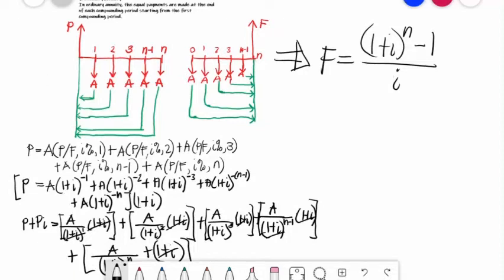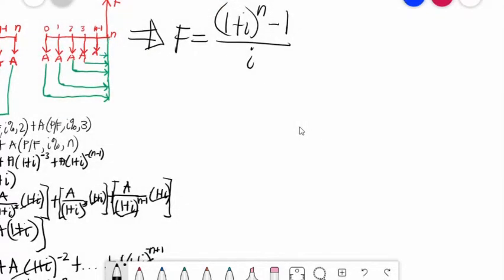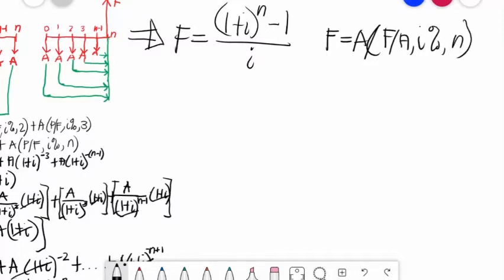You can express this formula as F is equal to A times F/A, i%, N, multiplied by A. So, F is equal to A, where A here is the annuity, times ((1 plus i) raised to n minus 1) all over i.